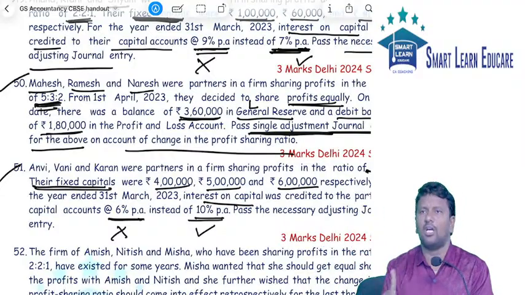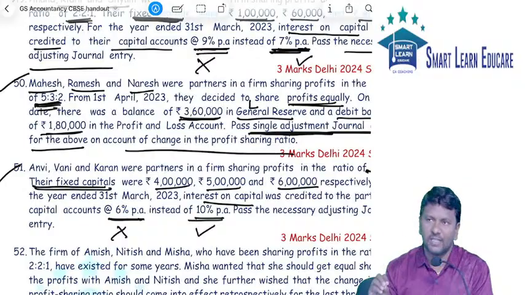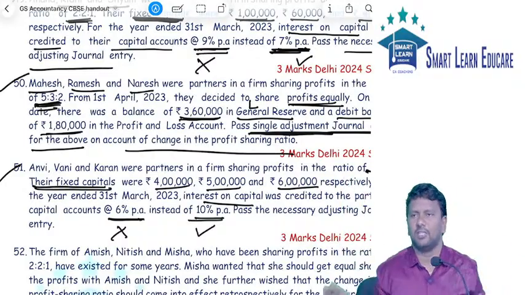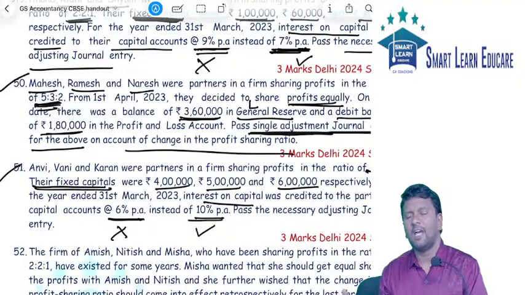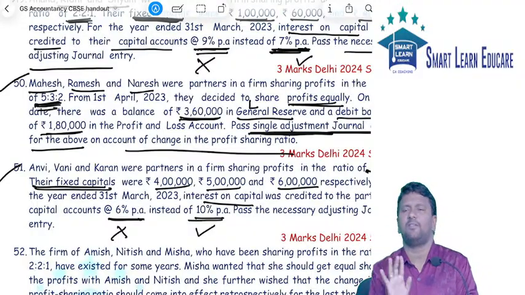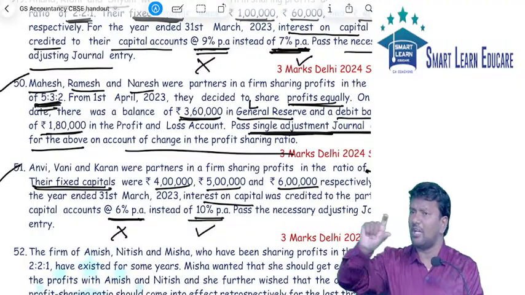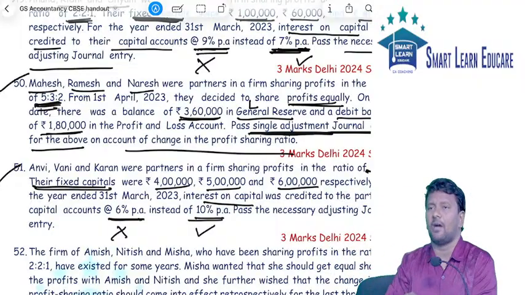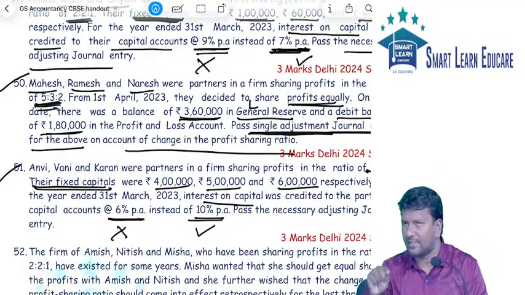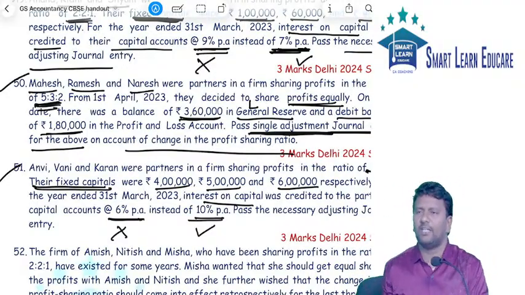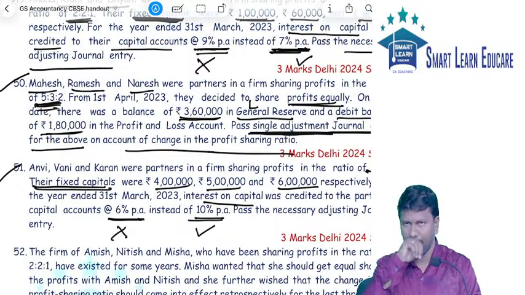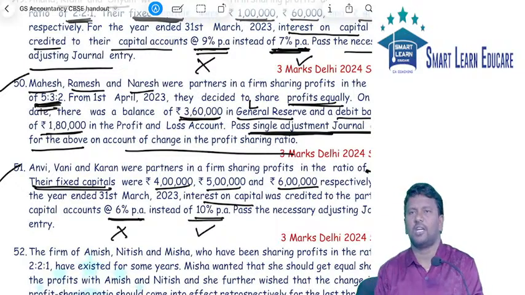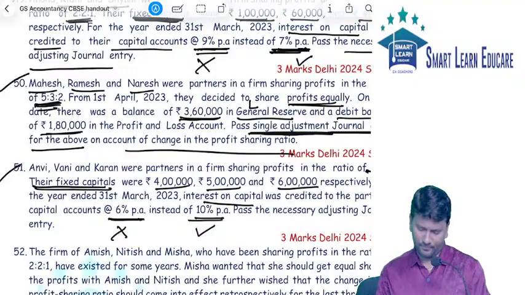Only for goodwill do we pass the entry from gaining partners to sacrificing partner. Otherwise, if the general reserve is given with the wording that it is retained, then we should calculate the sacrificing ratio and pass the entry. At the end I will give consolidated notes, don't worry.